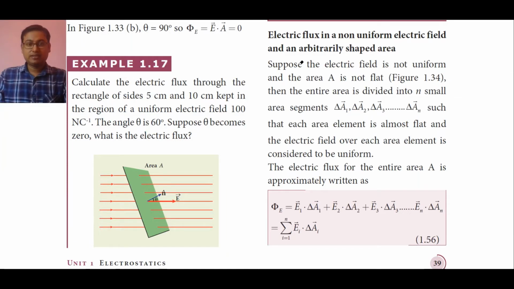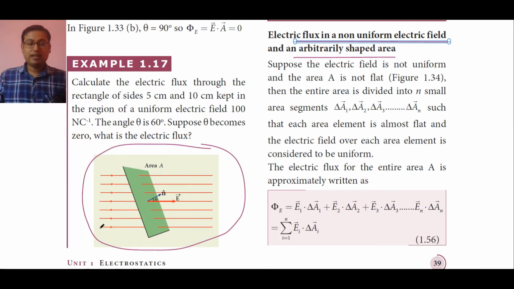So let us start the topic. The topic is electric flux in a non-uniform electric field and an arbitrarily shaped area. In our previous video, we saw electric flux in a uniform electric field and a plane-shaped area, as given in example 1.17. In this figure, the electric field lines are equally spaced, in the same direction and of the same magnitude.